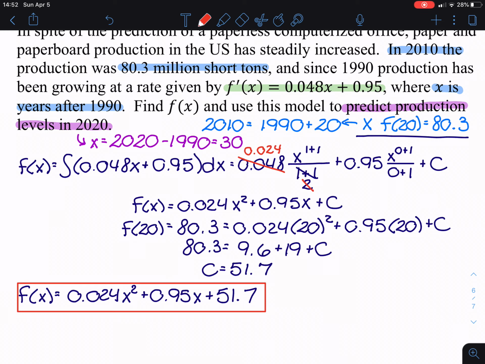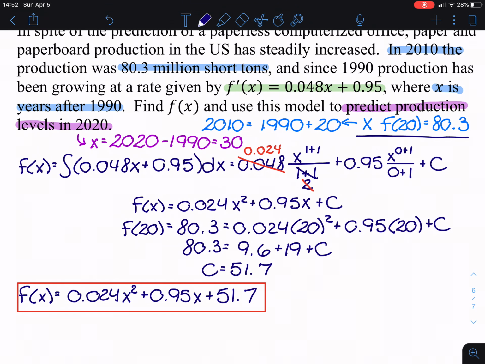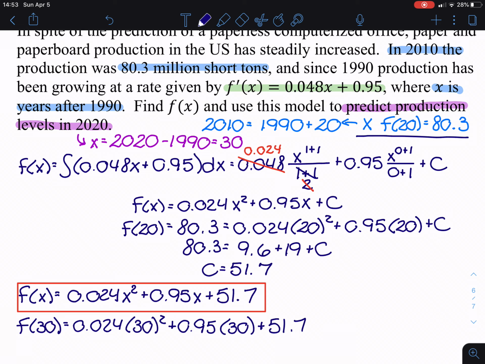Now, what else I want to know is I want to predict the production levels in 2020. That means I need to find f of 30. So I need to put 0.024 times 30 squared plus 0.95 times 30 plus 51.7.